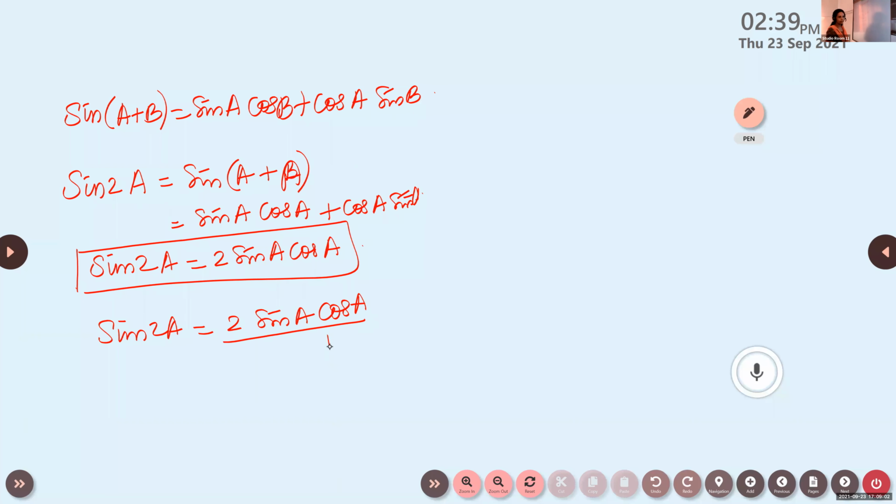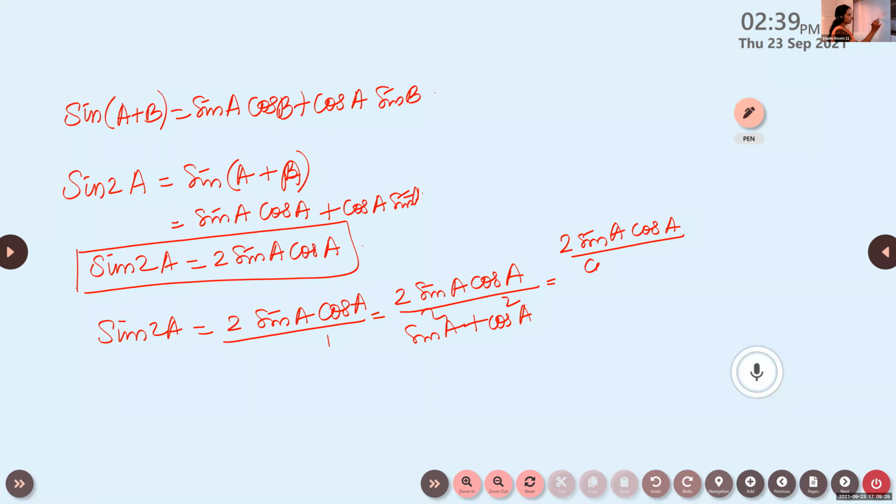The denominator 1, we can replace with the identity sine square A plus cos square A. Now divide the numerator and denominator by cos square A. Why we are doing this, I'll explain once we complete this proof.